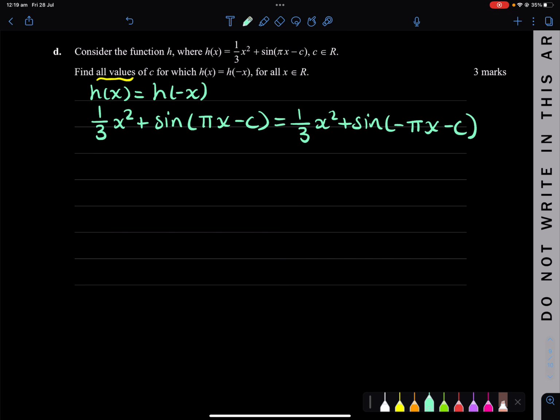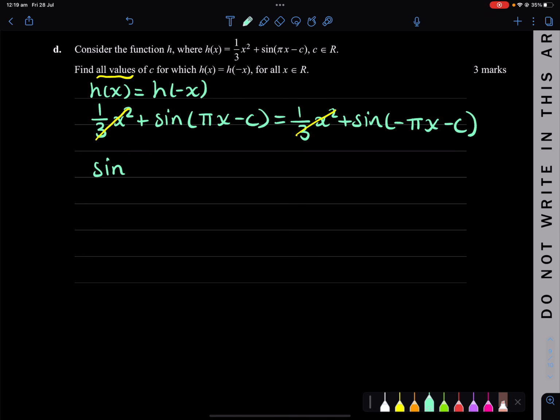Now, these 1 over 3 x squared terms are useless, by the way, because they don't have a c value and they can just be cancelled out. So overall, this is what we have: sine of pi x minus c equals sine of negative pi x minus c. What can I do here?